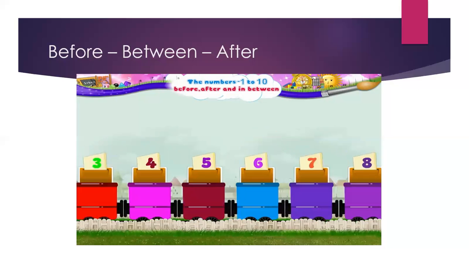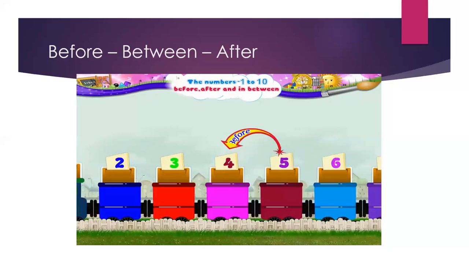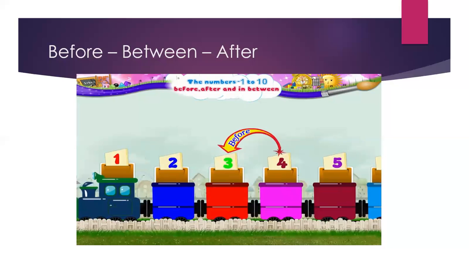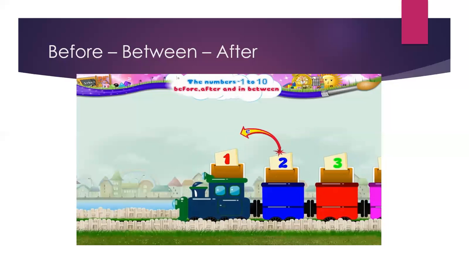Now, 5 is the number that comes before 6 and the number that comes before 5 is 4. 3 comes before 4 and 2 comes before 3. And finally, the number that comes before 2 is the number 1.